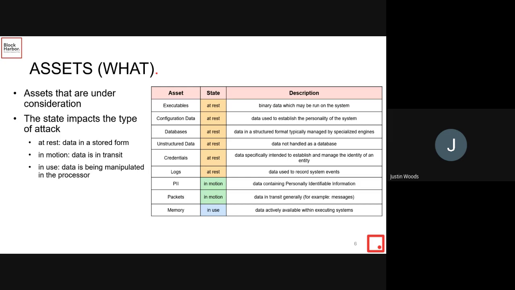Packets, on the other hand, contain information and are already being moved. So perhaps an attack there is, rather than going all the way to the ECU, to intercept the packet and get information that way. Then for memory, it's not sitting there and it's not being moved, but it's currently moving inside the processor. So perhaps we want to try and mess with the memory to have some other function occur than what should.